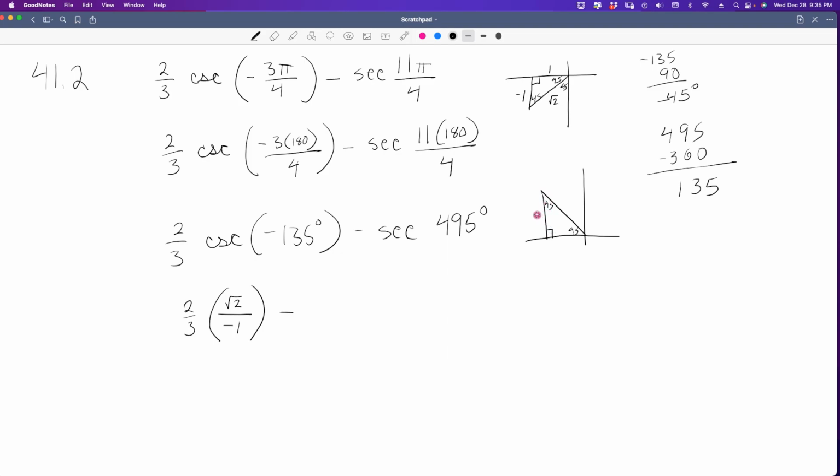This is +1, this is -1, and this is the square root of 2. All right, so the secant is going to be hypotenuse over adjacent. So hypotenuse is the square root of 2 over the adjacent, which is -1. All right, so that's where we are now, and this is what we have to solve.